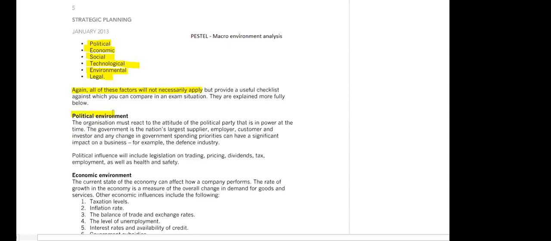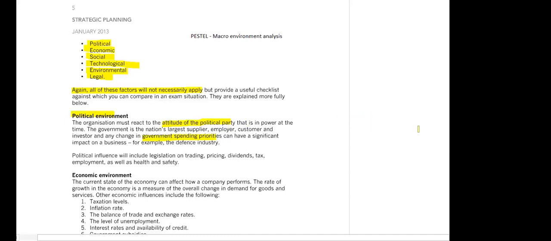So what is the political environment? The attitude of the political party. What sort of attitude does the political party have? What are their spending priorities? That is going to drive demand.